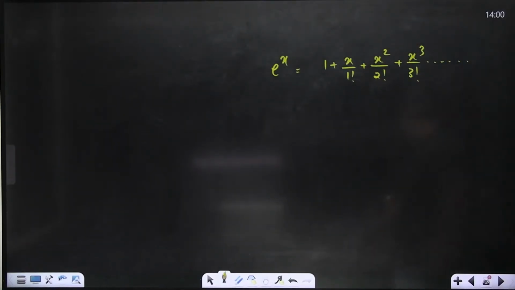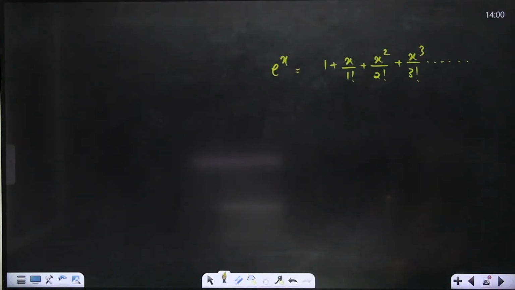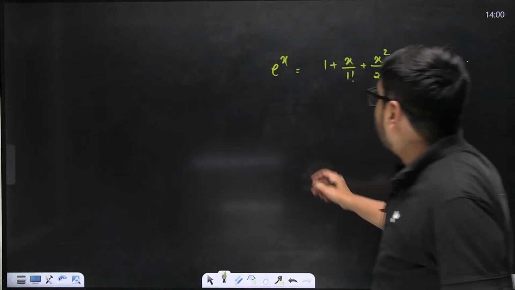Do we remember these expansions? Anybody? The e to the power x expansion. So now e to the power x minus 1.